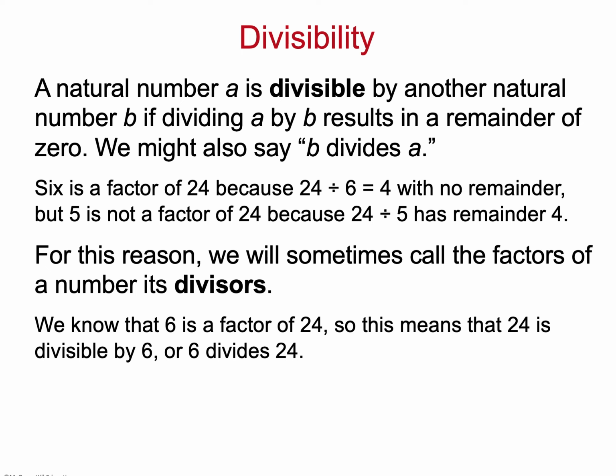So for example, if 6 is a factor of 24, then 24 divided by 6 is 4 with no remainder, so it checks out. However, 5 is not a factor because 24 divided by 5 is 4, remainder 4. So because there's a remainder, it cannot be a factor. So for this reason, we will sometimes say that factors are divisors. And so when I say divisors, it means they just divide evenly into that number.